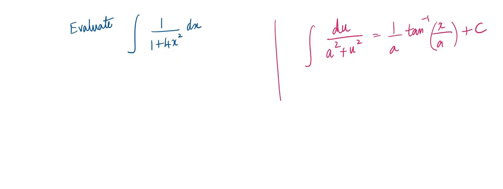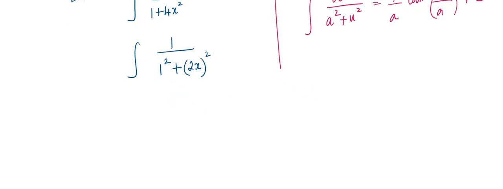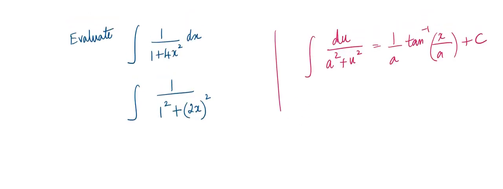So we will rewrite this to resemble that format. So 1 is the same as 1 squared. We're just trying to resemble this, so I'm putting it as 1 squared, even though it may appear redundant. And this would be 2x the whole squared. So your u is actually the 2x. So then we have to do that substitution because it's not a plain x. I made a mistake here, I just realized.